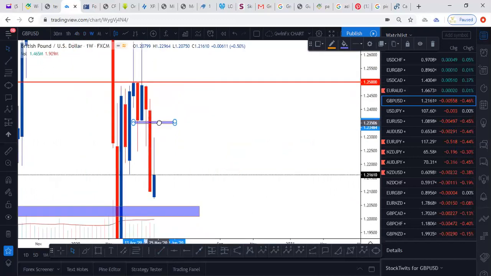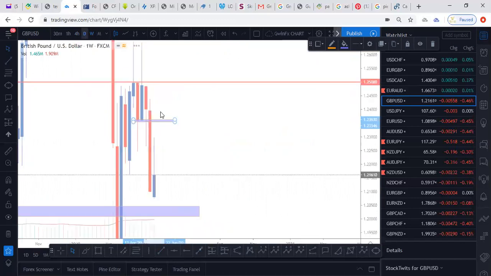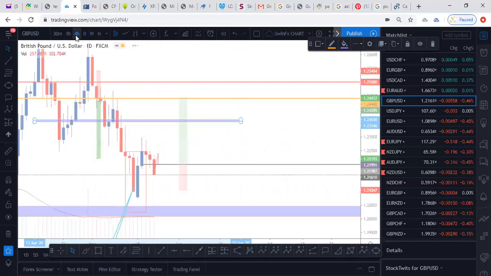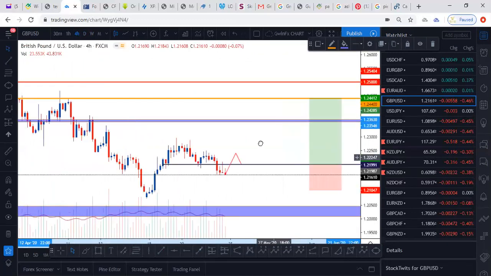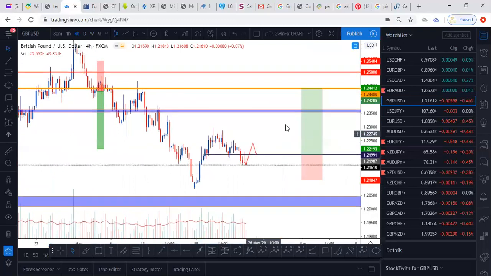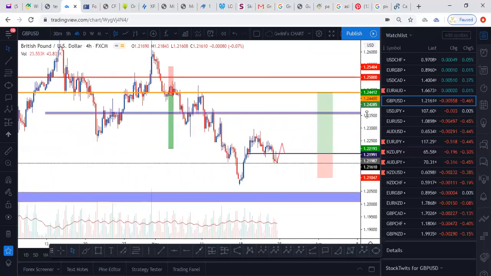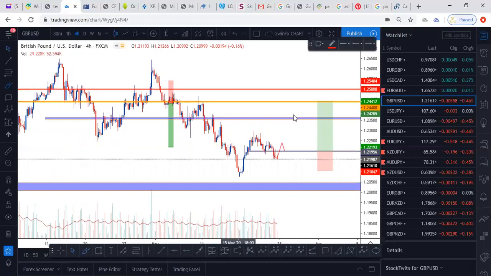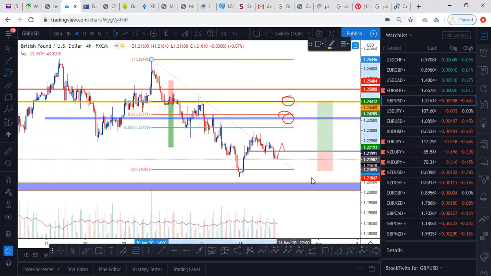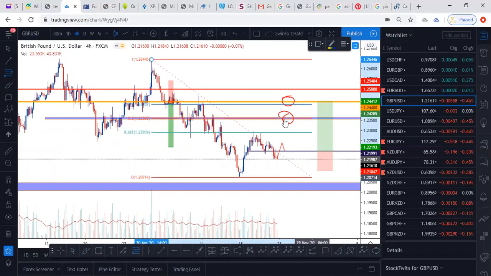From the weekly time frame, we could buy into targeting this structure here and also here, because using your Fibonacci from the swing high to the swing low, we could see that the area here conforms better with the 50% Fibonacci level and also the 61.8.